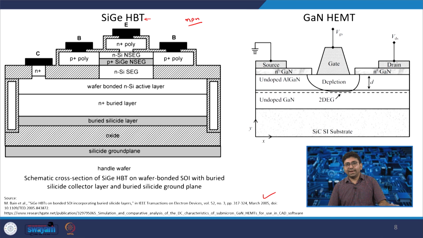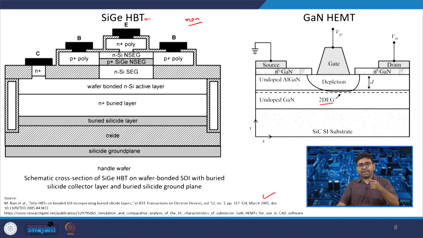Then another is a GaN HEMT. In a GaN HEMT the electron movement will be horizontal, and on the doped GaN there is an undoped GaN. Because of these two, doped and undoped, a 2DEG layer will be made, due to the difference in doped and undoped, a well of electrons will be made, and those electrons will move from one side to the other side.